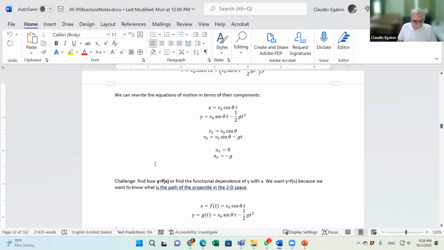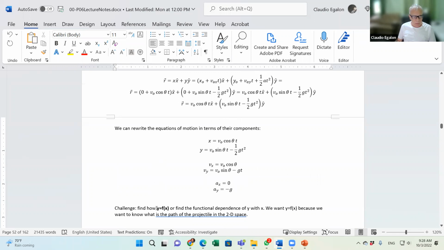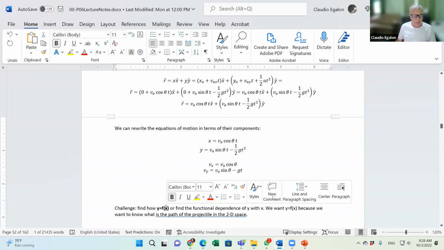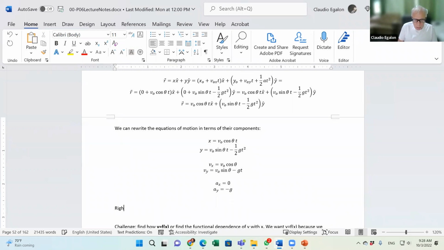Having said that, now we can play some games with those basic equations and find out, for instance, the functional dependence of y in terms of x. You already know that it is a parabola, but the idea here is to prove mathematically that it is a parabola. Right now, we have what we call a parametric equation.